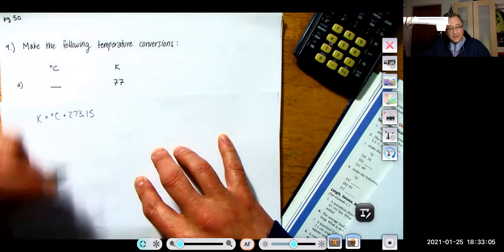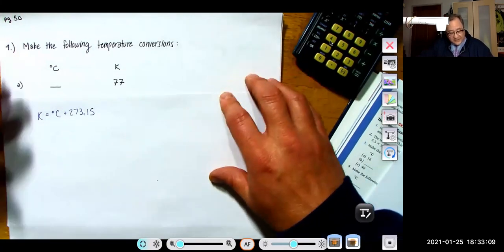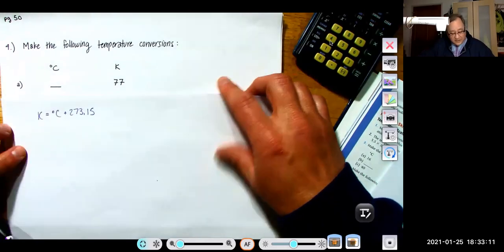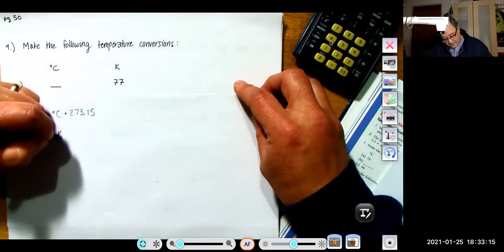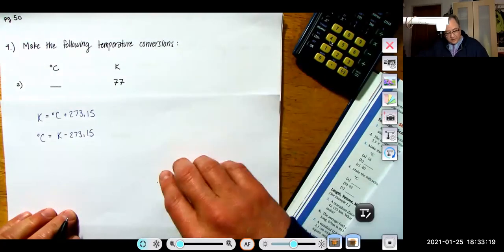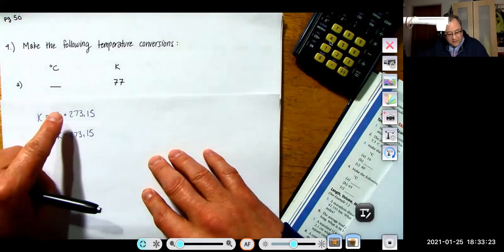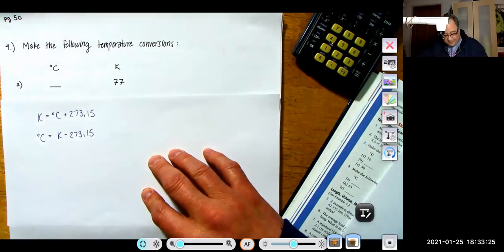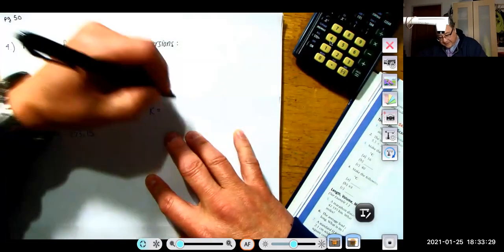273.15. And I'm going to rearrange this so that I can actually get C on one side and everything else on the other, and I get this. Okay, so when I went from here to here, I just did it in my head. This is how I'm actually doing it in my head.